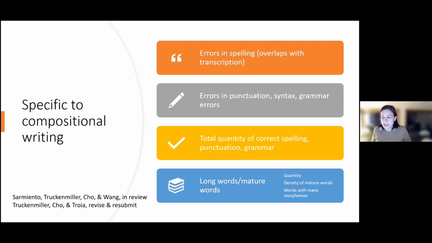But in some of our other studies, we found that the density of mature words, something called mean text lexical diversity, is important. No need to memorize that term, but what it basically means is how often students use mature words, words that you learn later in life.